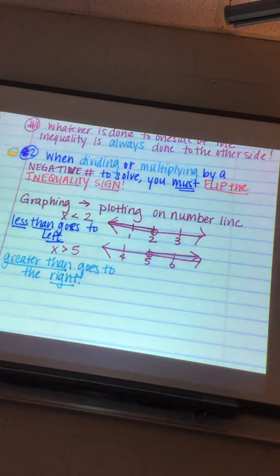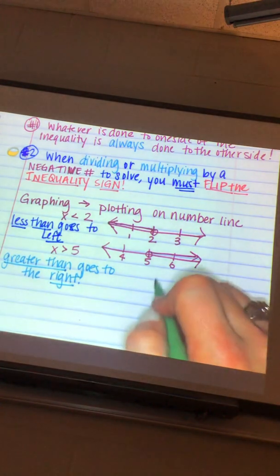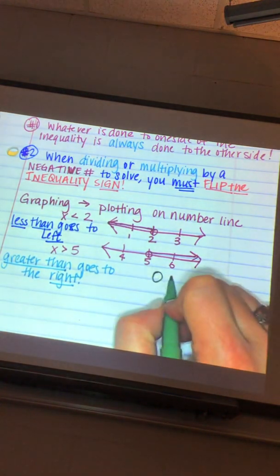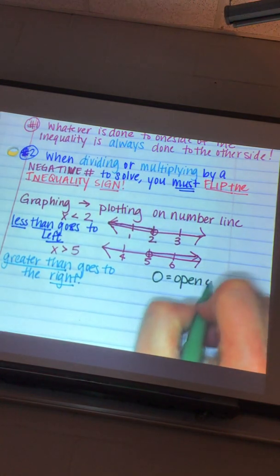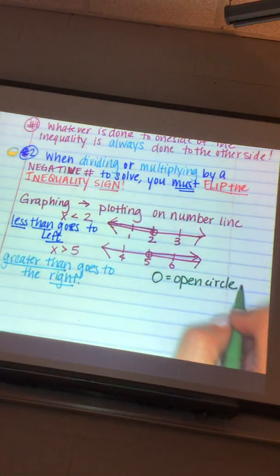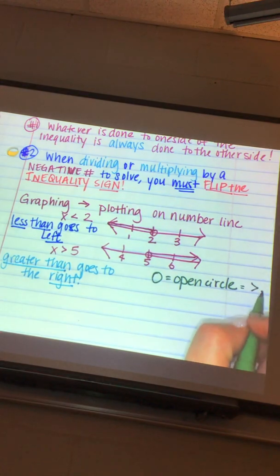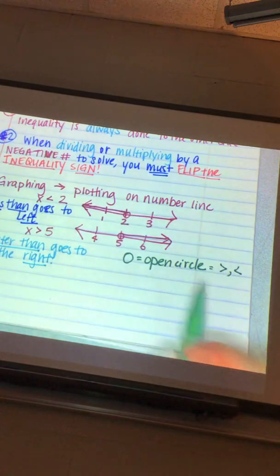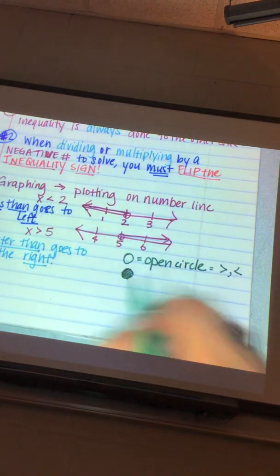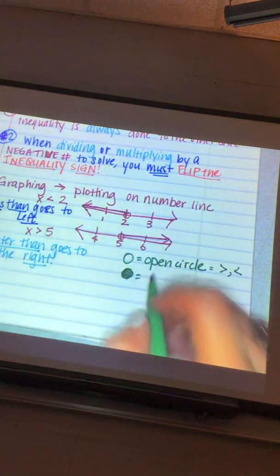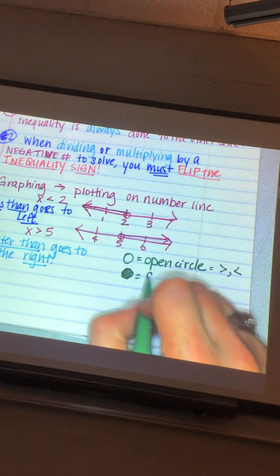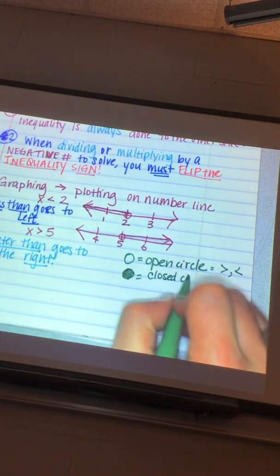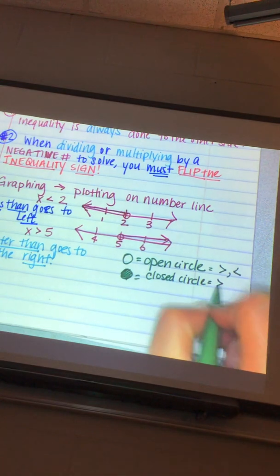And then 2 more notes here. Then we'll do an example. If the circle is open, that is only if you use greater than or less than. If the circle is closed, it's colored in, that is greater than or equal to, or less than or equal to.